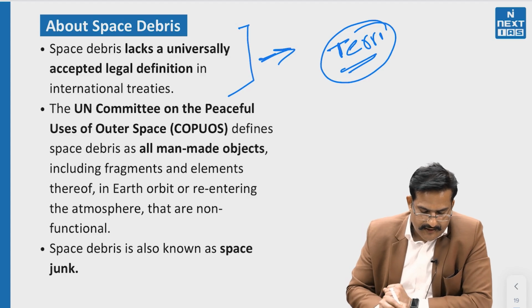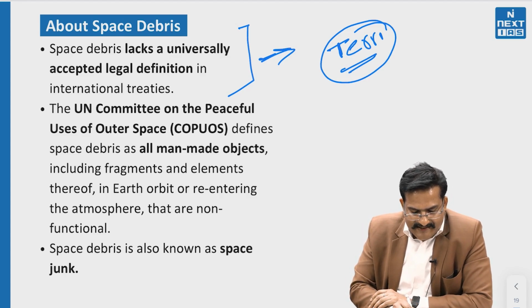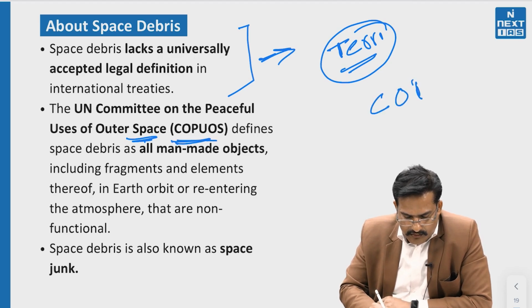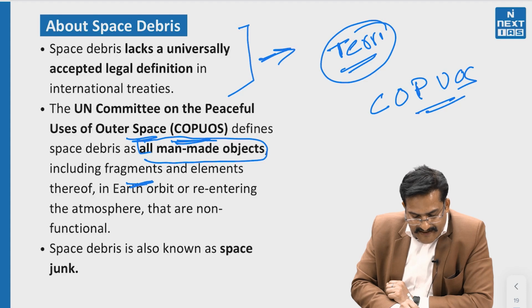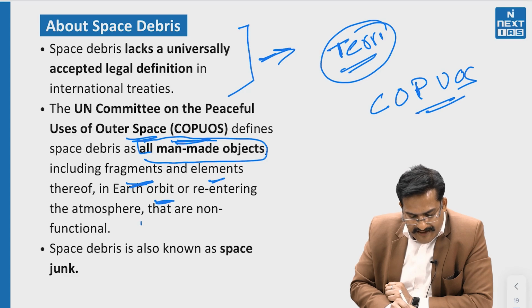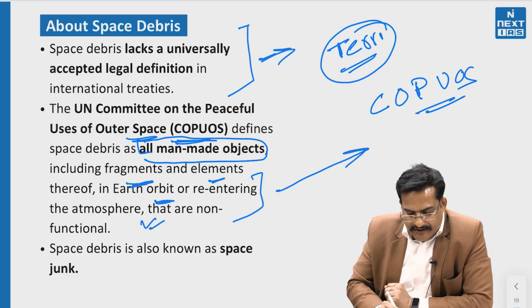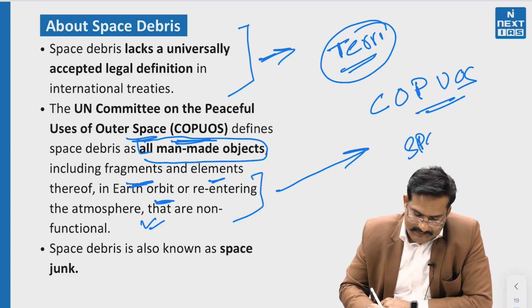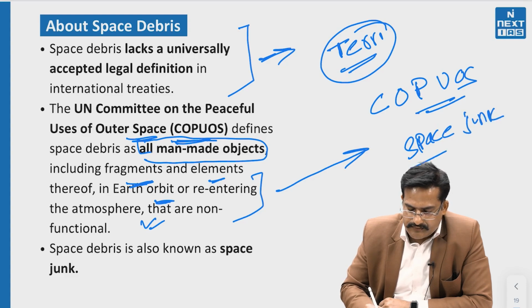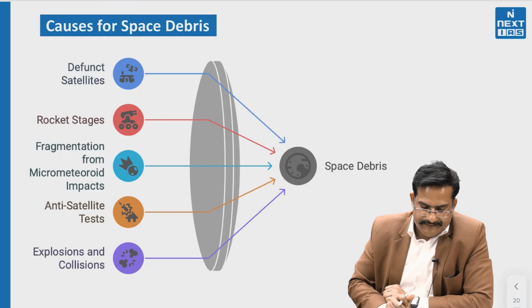However, the United Nations Committee on the Peaceful Uses of Outer Space, a very important committee, that is COPUOS, defines space debris as all man-made objects, including fragments and elements of any satellite in Earth orbit or re-entering the atmosphere, that are defunct or non-functional. Space debris is also known as space junk.